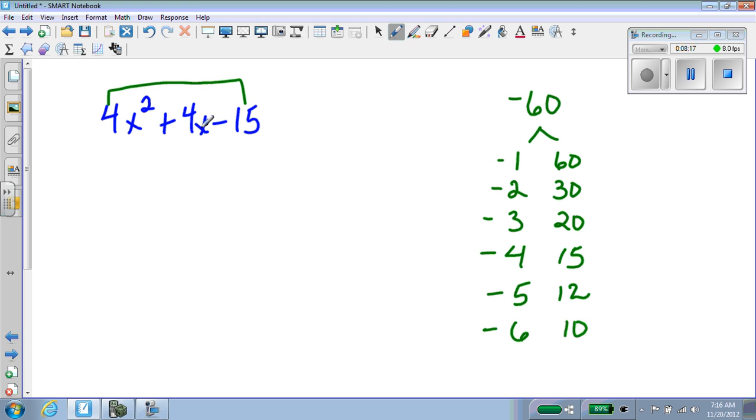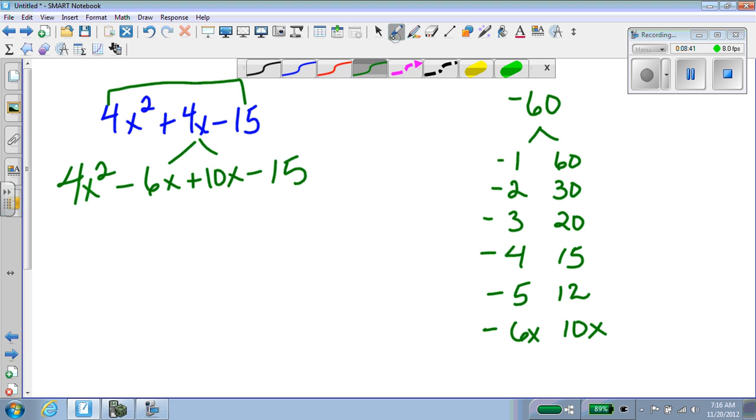So I'm going to rewrite 4x as negative 6x plus 10x. So my first term, 4x squared, is going to stay. Minus 6x plus 10x. Okay, so that's going to total 4x if I added them together, but I want them separate. Minus 15.